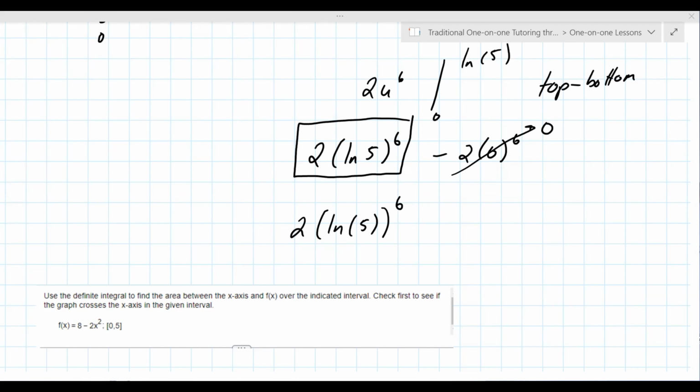I'm going to snip in the graph. All right, sorry this is taking so long. It didn't snip in well.